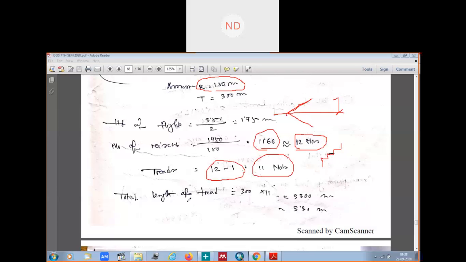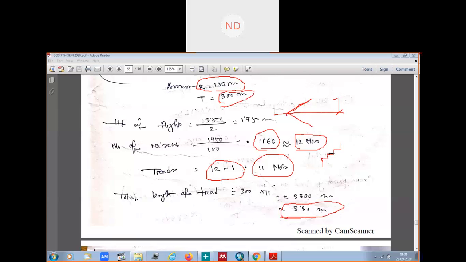The total length of the tread will be 11 into 300 mm, and we can easily get the length of the tread.